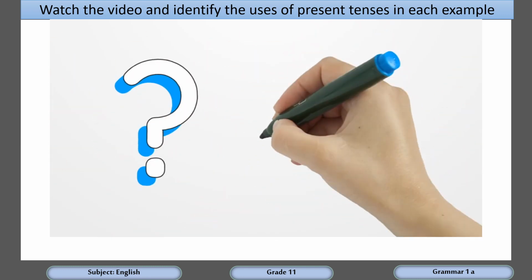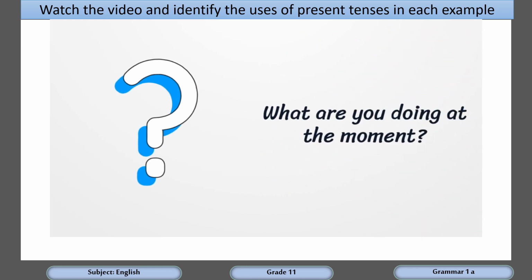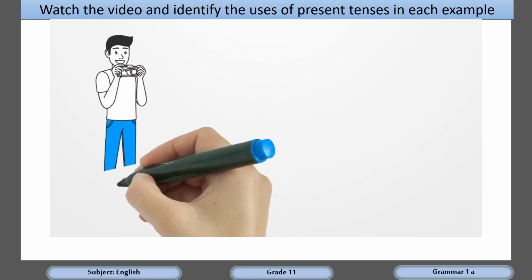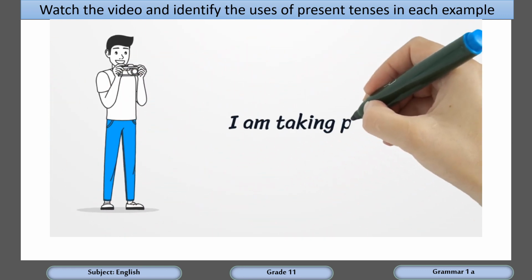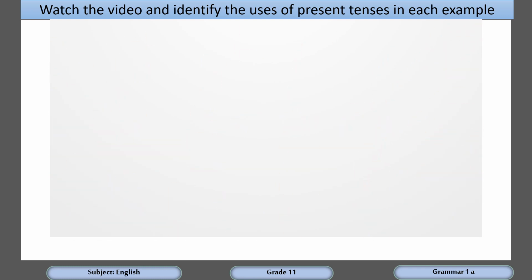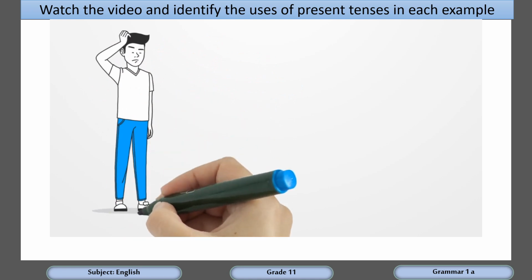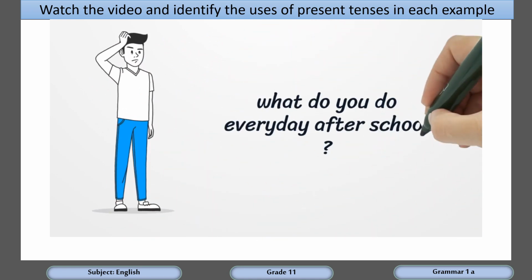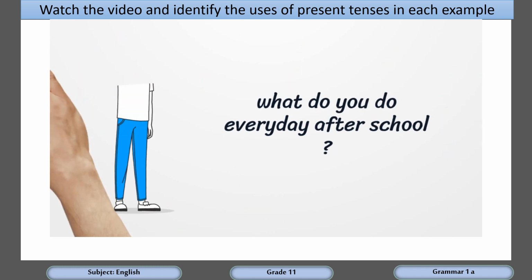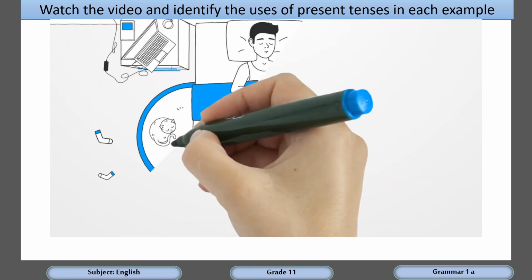Oh, this is Ahmed. Let's ask him a question. Hey there, what are you doing at the moment? Hi, I'm taking photos right now. And what do you do every day after school? I usually take a nap.